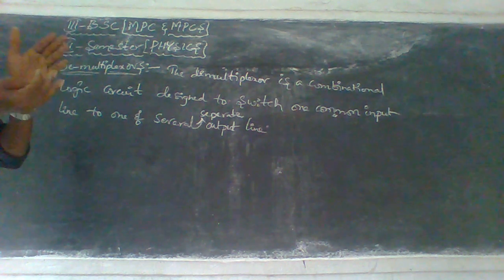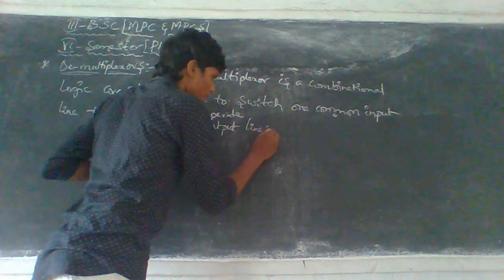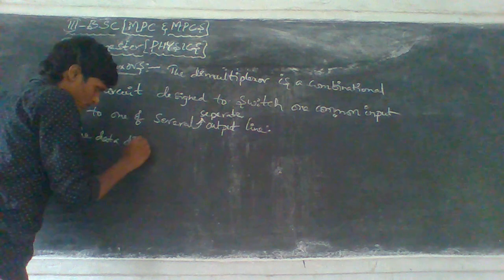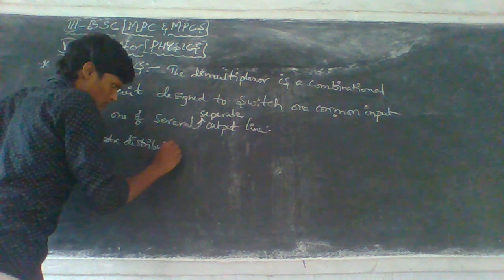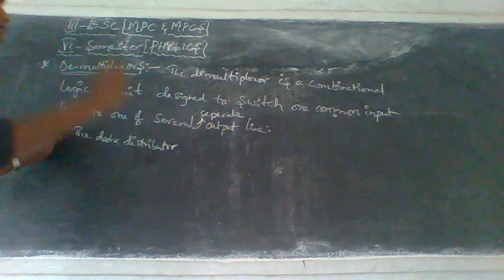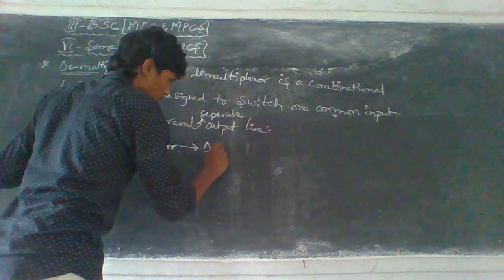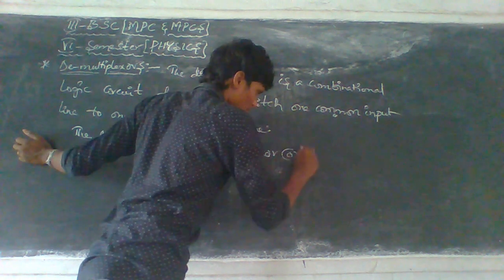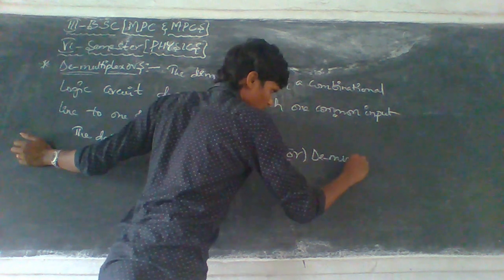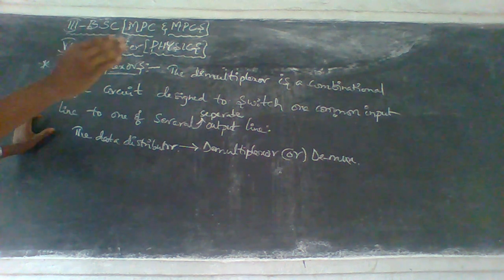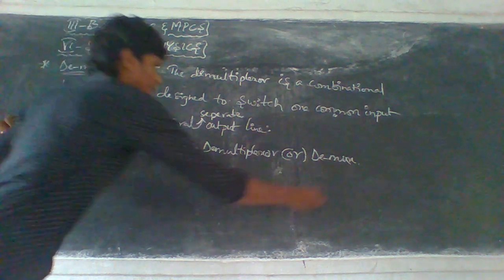Here the data distributor is known more commonly as a demultiplexer or DMUX.